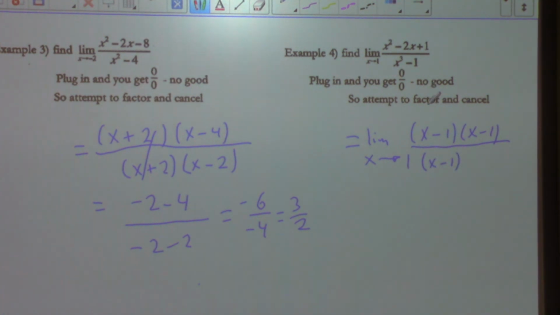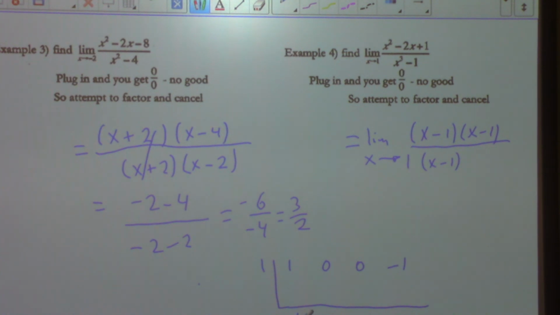How do you find out the rest of this thing here? Synthetic division. So 1, and then we'll put 1, 0, 0, negative 1 here, right?